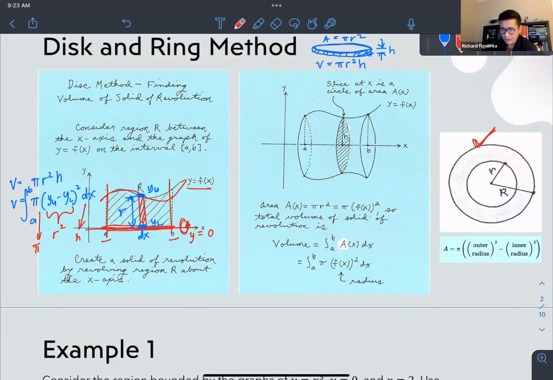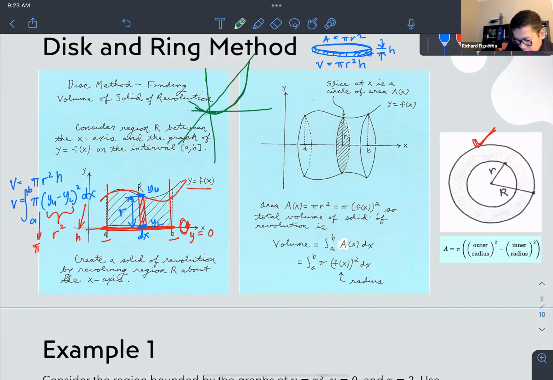But if it is a ring, sir, when do we get a ring? For example, I have this one. We have a line and we have a parabola, and I'm going to revolve this around the x-axis, similar to the given figure.